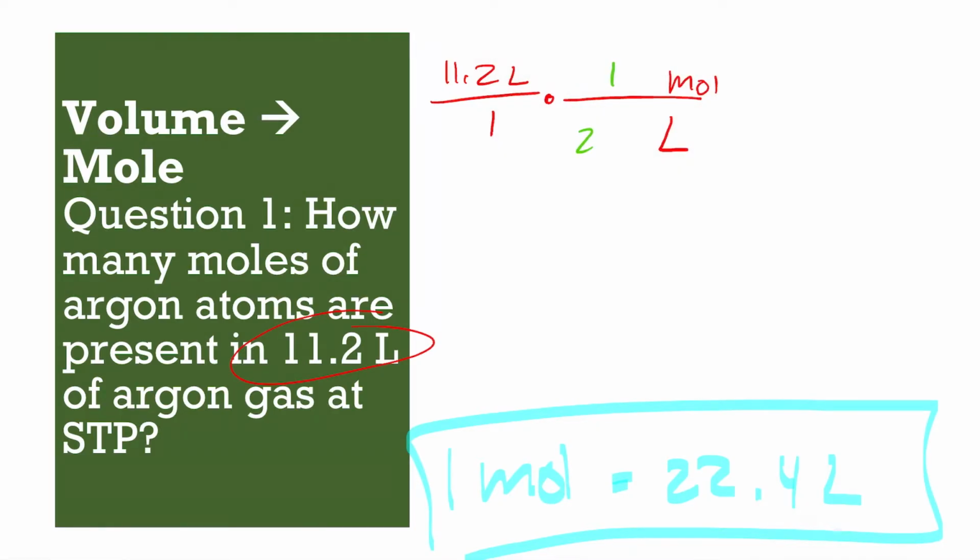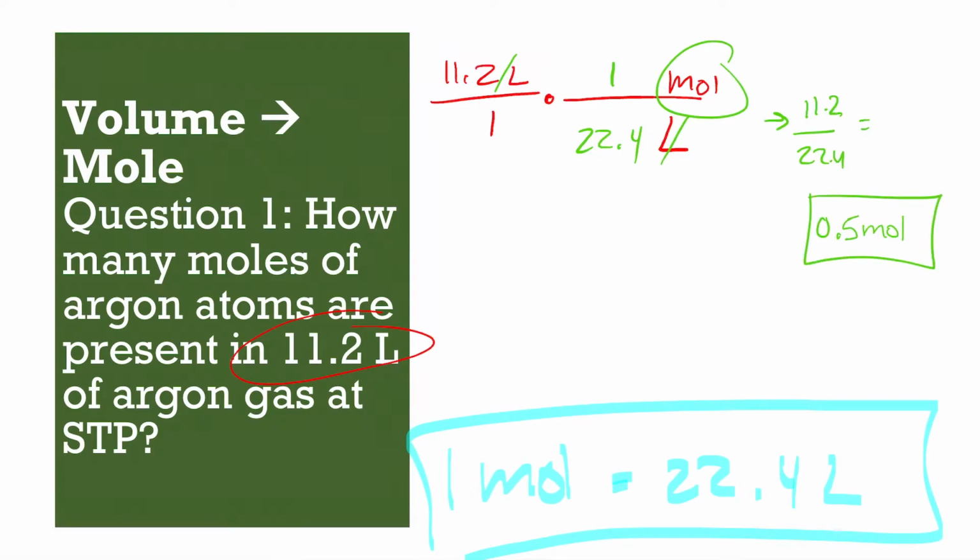So 1 mole, 22.4 liters. Liters cancel out, we're left with moles. We set it up correctly. So we are left with 11.2 divided by 22.4, which gives us 0.5 moles. And that is it. Again, very basic dimensional analysis.